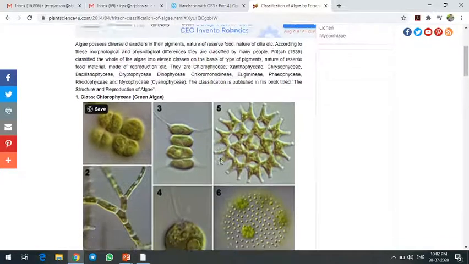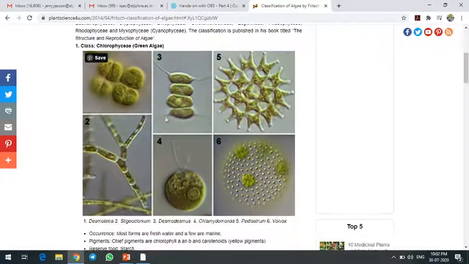So these are some of the examples of Chlorophycean members. And here this is Chlamydomonas, which is a unicellular green algae, and Chlamydomonas is a member with this whiplash flagella, which we can see minutely here.